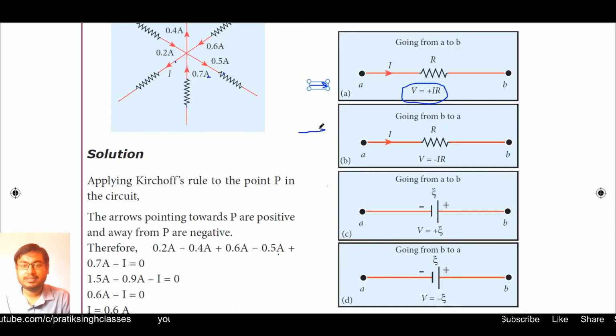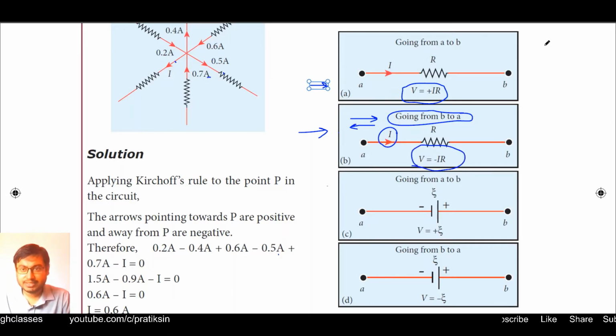When we see this figure, we have the direction of loop from B to A, but here the direction of current is from A to B, means both are opposite to each other. The direction of flow of current and the direction of the loop are opposite to each other. That is why we have V is equal to minus IR. So this is all about the direction of flow of current and the direction of loop.